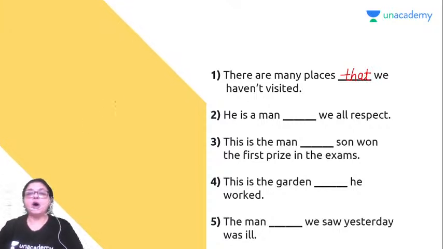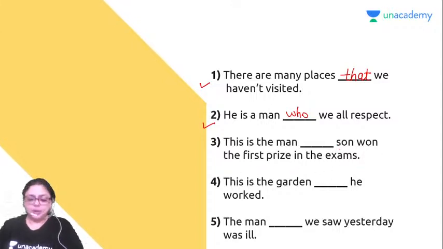Again, let's go on to the next one. He is a man dash we all respect. He is a man who we all respect. My third sentence: this is the man dash son won the first prize in the exams.